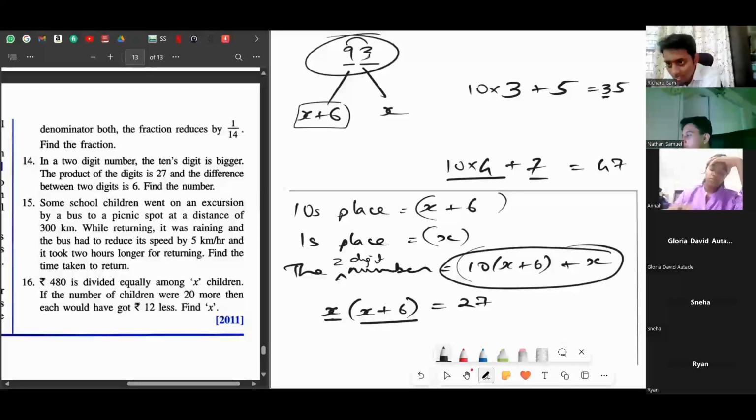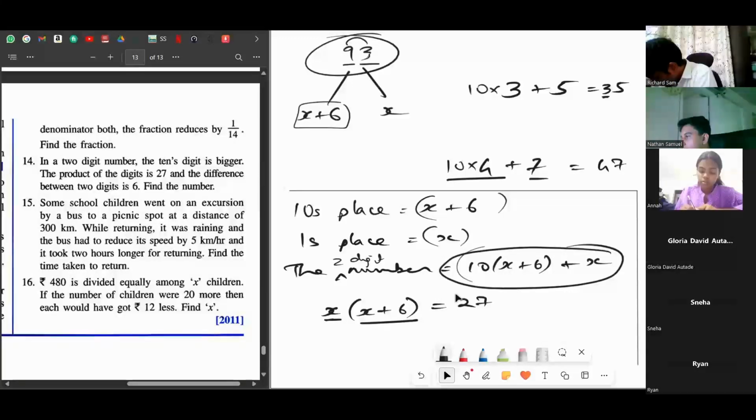Where is the 10? Just put a camera on, at least I can see your mouth movement and understand something. No, then your video will pause. I cannot understand anything you're saying. Your voice is very bad. Something is wrong with your mic. Your voice is not coming properly. Can you hear me now?